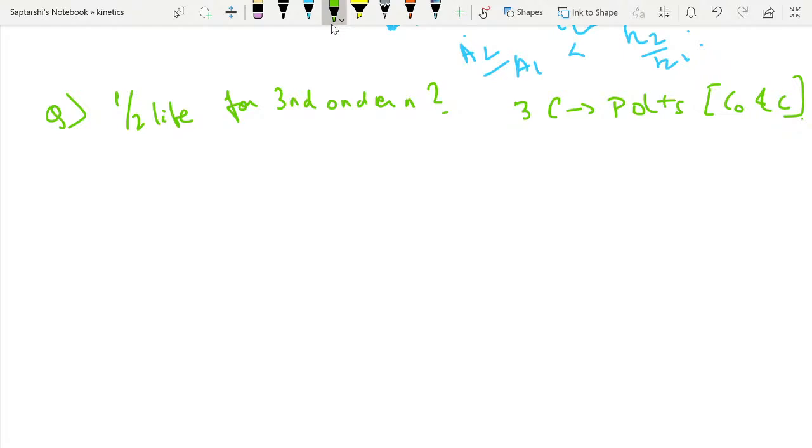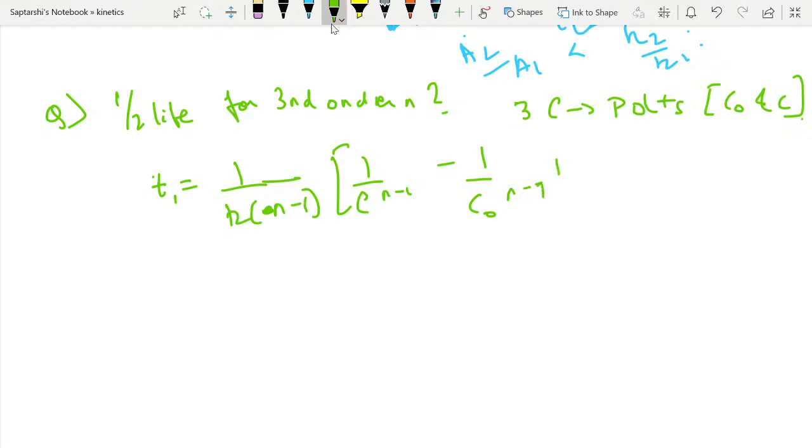It is T is equal to 1 by K n minus 1, into 1 by C to the power n minus 1 minus 1 by C0 to the power n minus 1.